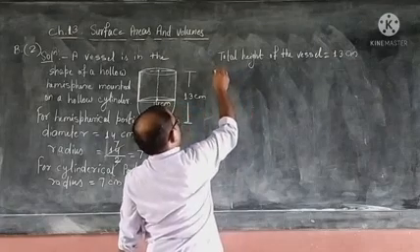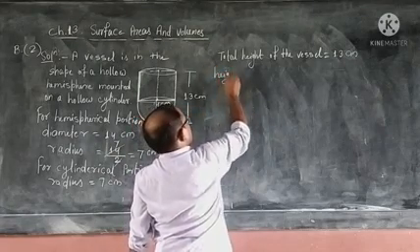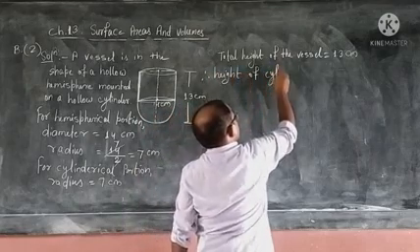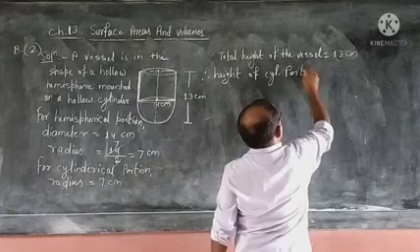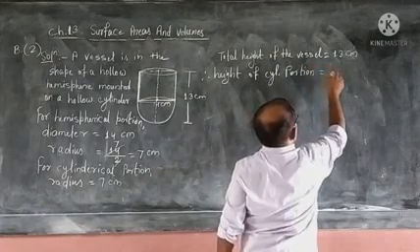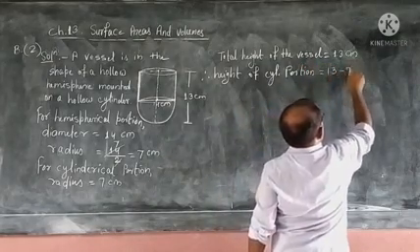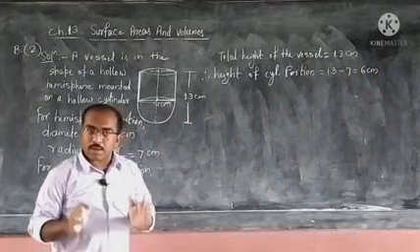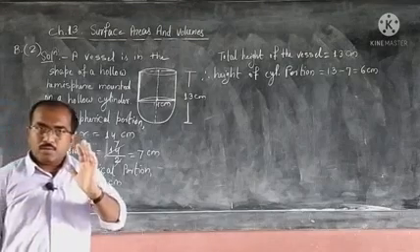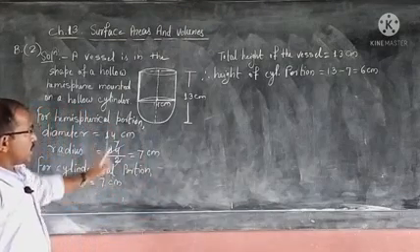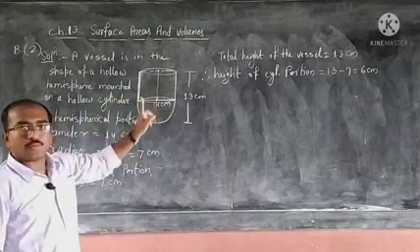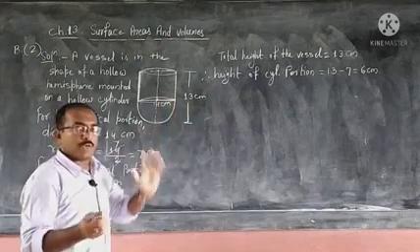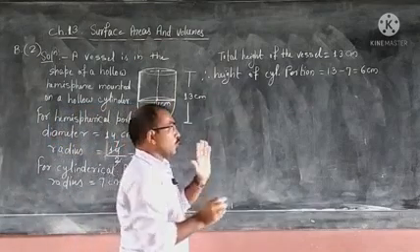Therefore, height of the cylindrical portion of the vessel is 13 minus 7, 6 centimeter. Now for calculating inner surface area, we need the curved surface area of the hemisphere and the curved surface area of the cylinder, and we now have everything, radius and height of both portions.